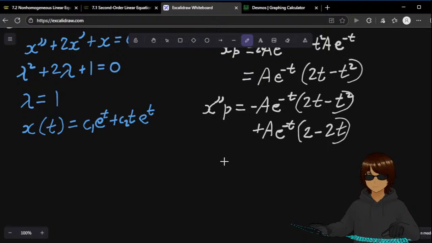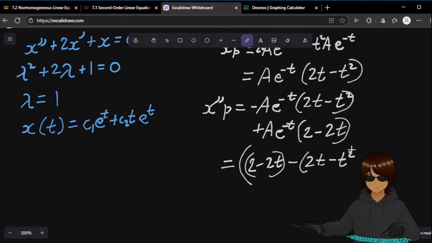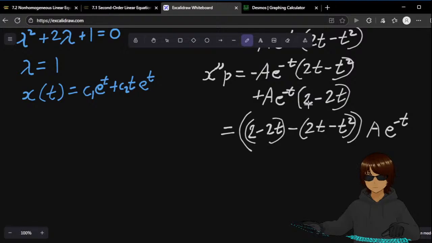Wait a minute. I can extract this out. So this minus this, like that, right? 2 minus 2t.